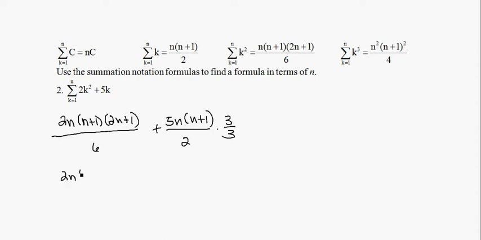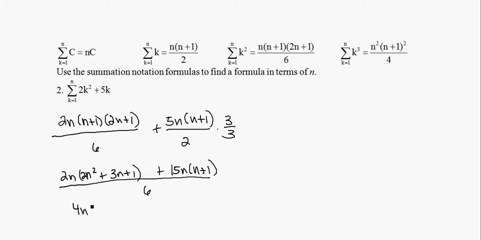So I get 2n, n times n is n squared, n times 2n is 2n squared, plus 2n plus 1n is 3n, plus 1, plus 15n, I'm just multiplying the 3 and the 5, n plus 1, and since I have a common denominator, I'll write over a common denominator, which is 6.